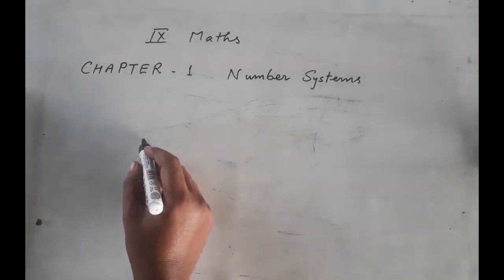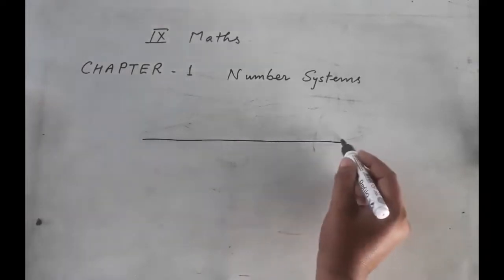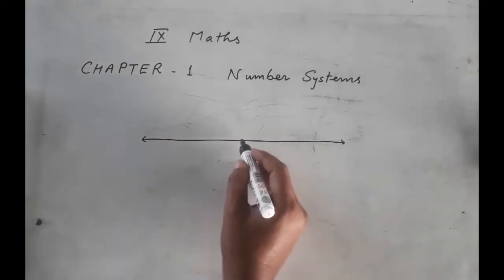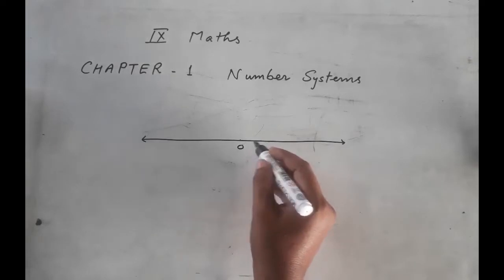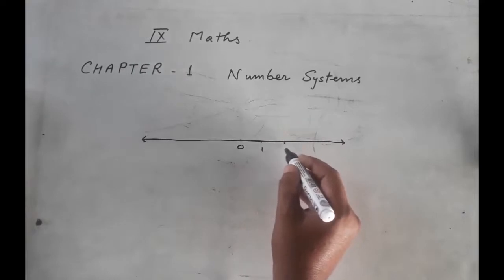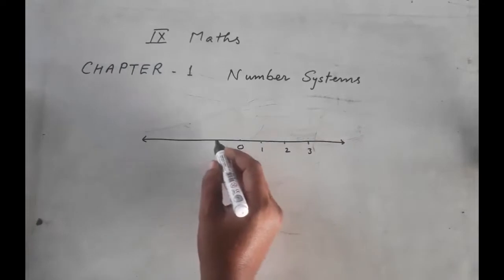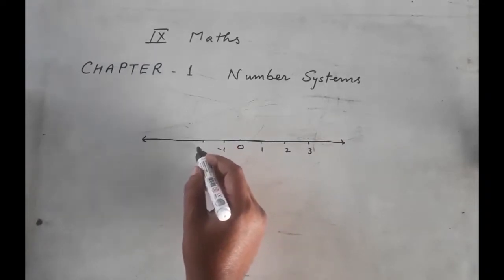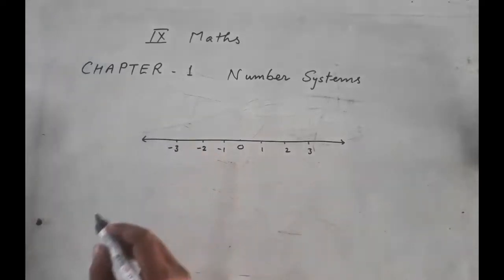You well know that the number line can be represented as here is 0, and on the right side of 0 there are 1, 2, 3, and on the left side of 0 there are -1, -2 and -3.